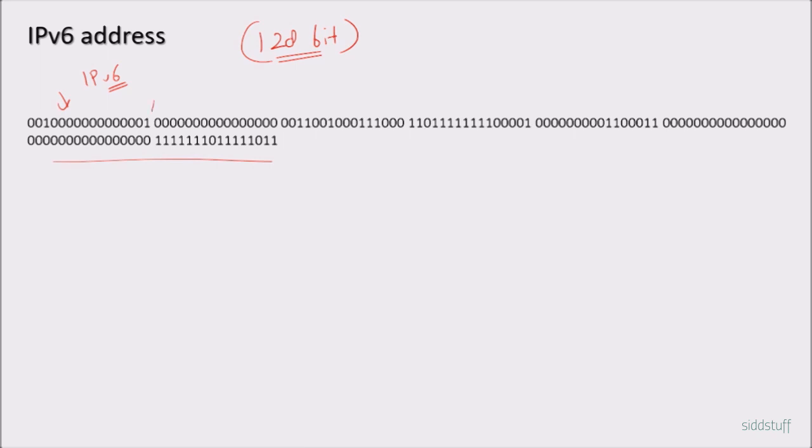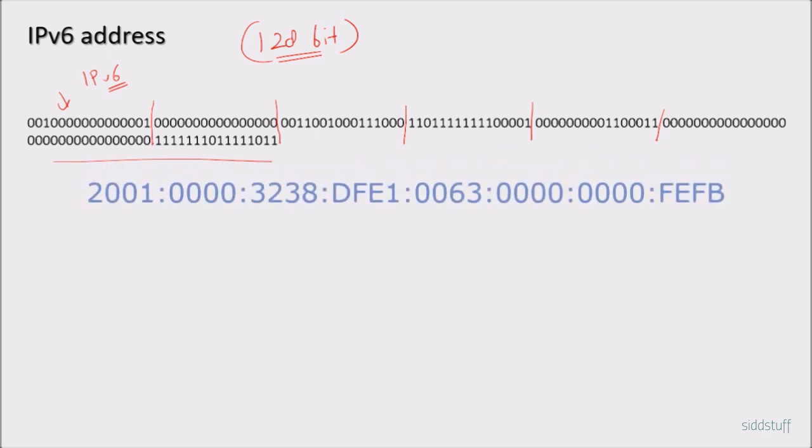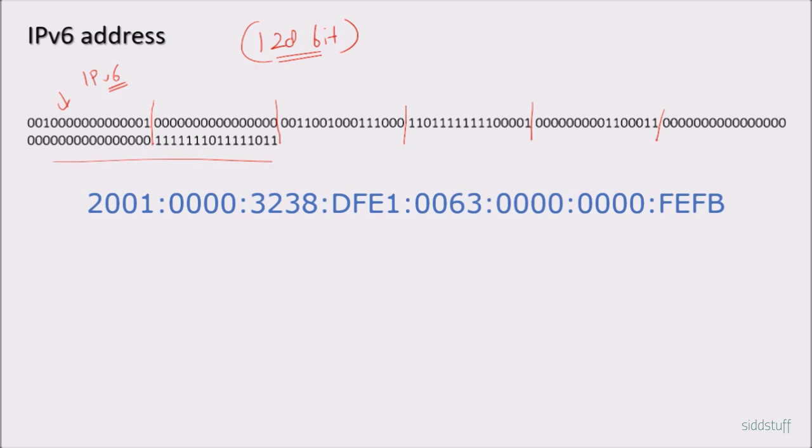So we convert each 16 bits into hexadecimal form to make it simple to remember. That's how we conventionally represent IP version 6.